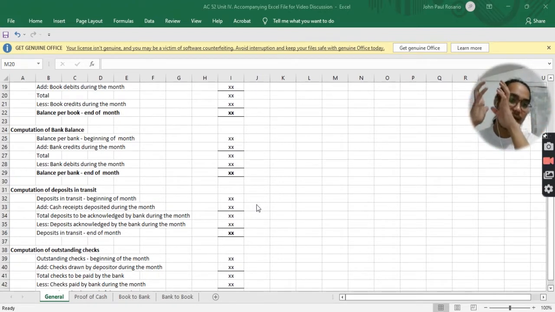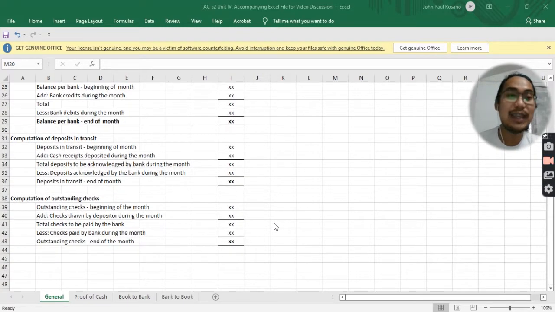So, for the hanging deposits, add the receipts this month, then deduct all the amounts deposited for the month, then you will end up with the hanging amounts still for deposit, or what we call deposits in transit. And then for your outstanding checks naman?